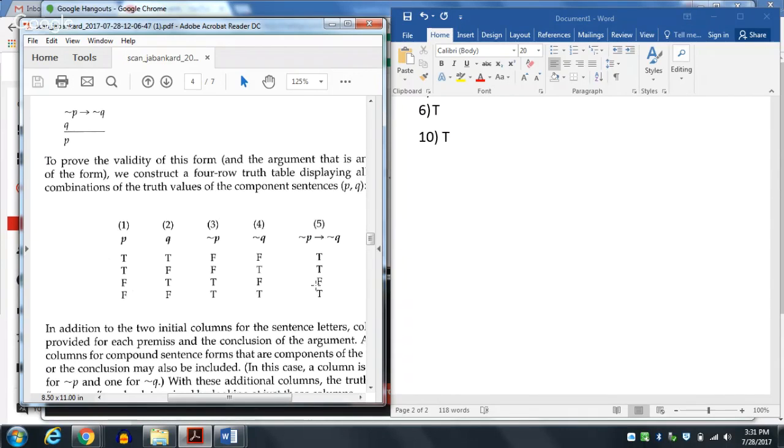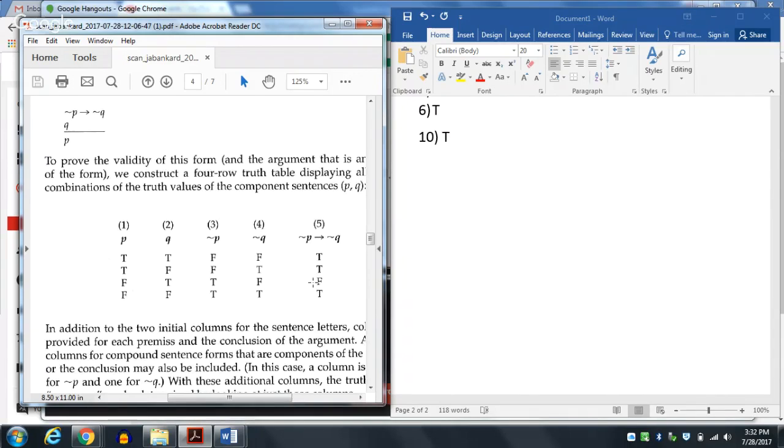Last column, P false, Q false, which means not P is true, not Q is true, right? The opposite. Well, then what about the conditional? Not P is true, not Q is true. If both sides of the conditional are true, then we get a true conditional below. The whole truth tree is done.